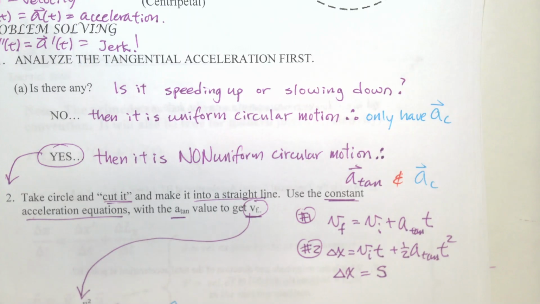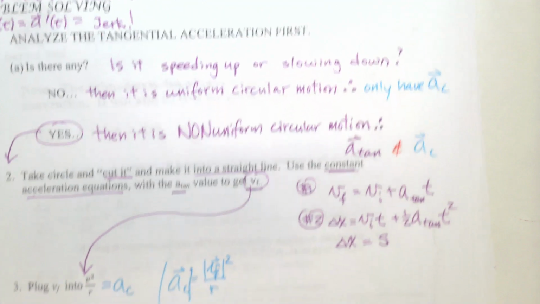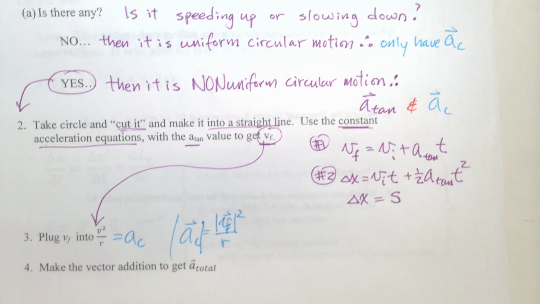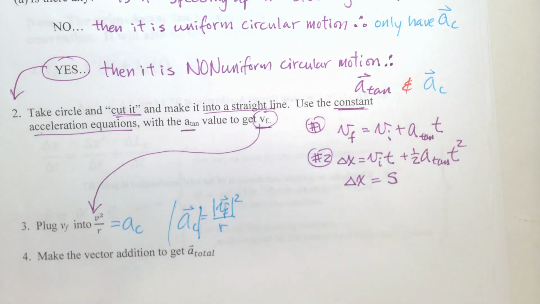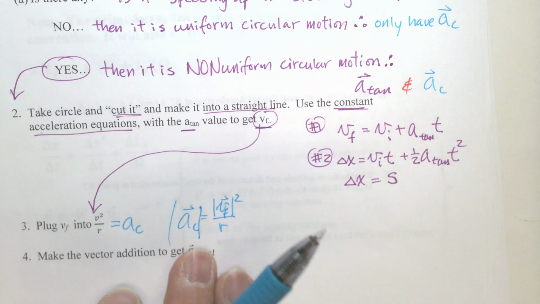So now the magnitude of a sub c is equal to your v final magnitude squared over r. Then you have to add these two acceleration vectors vectorially.